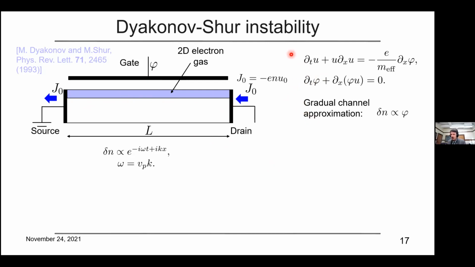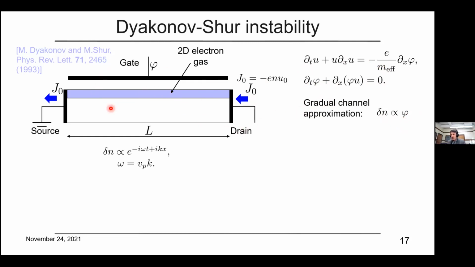So in the simplest hydrodynamic model, essentially they needed to solve only two equations: the Navier-Stokes equation, where they just ignored viscosity, so just the Euler equation, and the continuity equation. In the gradual channel approximation, the gate voltage is related to the density in this two-dimensional gas.